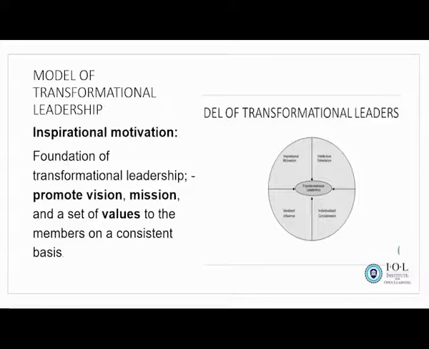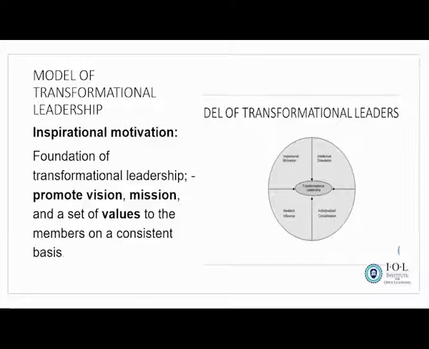All right, the next concept that we look at is illustrated by a model, which we call a model of transformational leadership. First of all, I want you to try and understand what the model depicts. In the middle of that model, you see transformational leadership, and then there are certain aspects surrounding it that a leader should have.